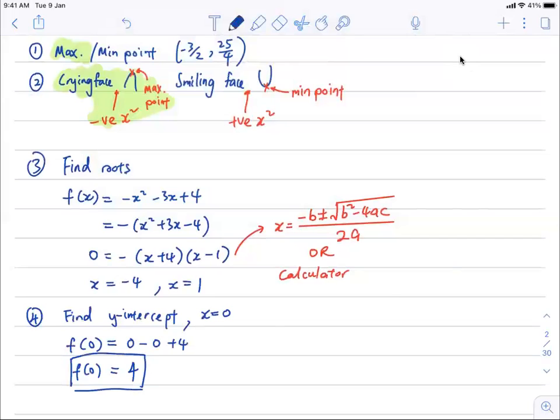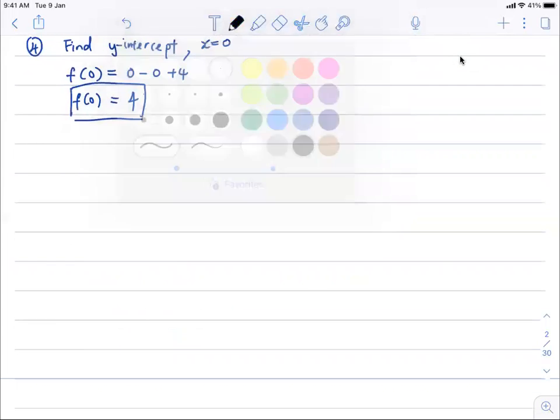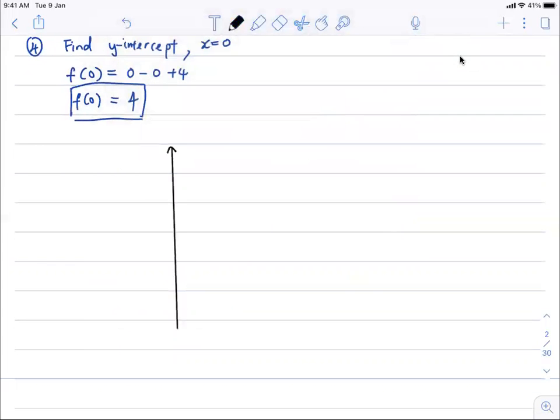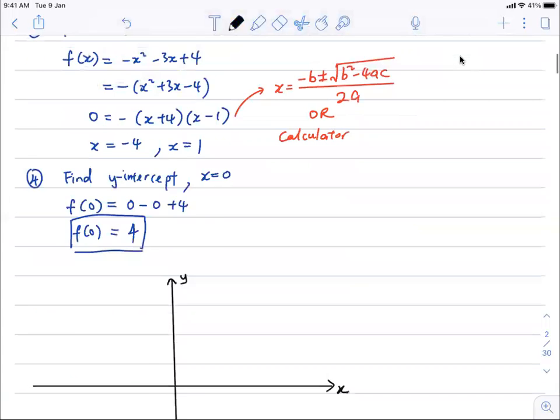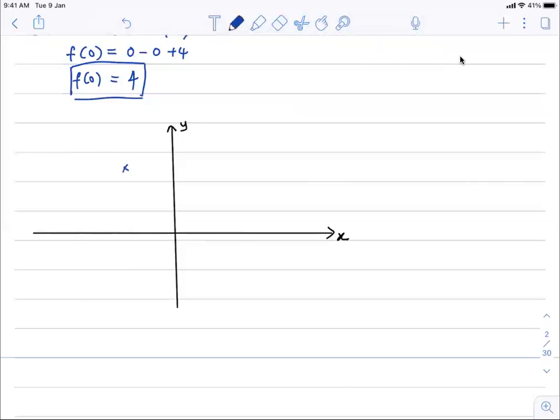Okay, after we have all of this information, we can start plotting the graph. So for the graph, there's a y-axis, there's an x-axis. And then the first step, we plot the maximum point. The maximum point is here, (-3/2, 25/4).